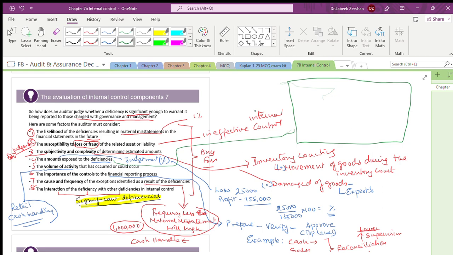Four and five, now you are asking? Yes. What is the amount exposed?